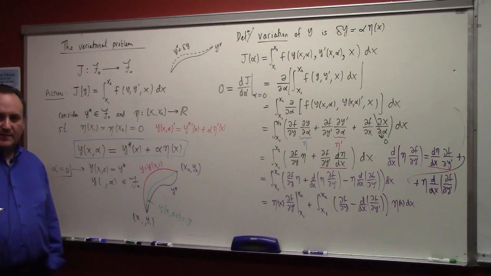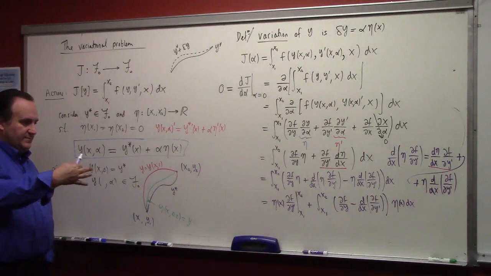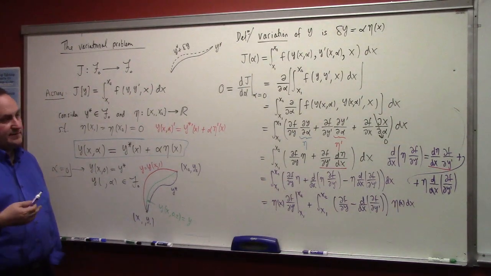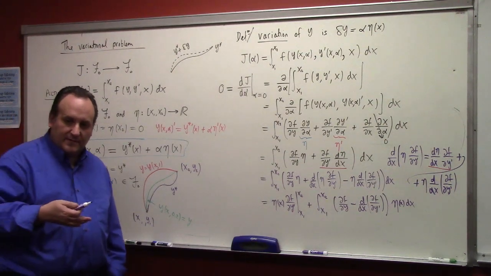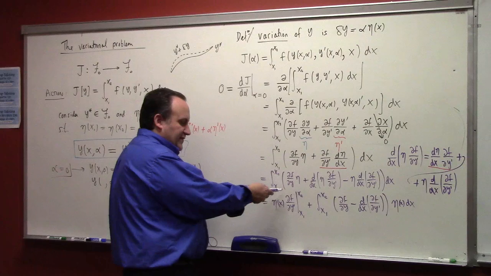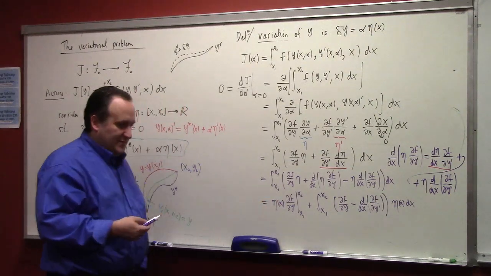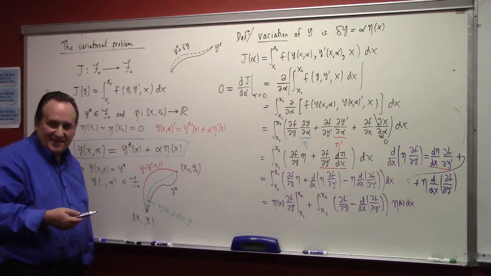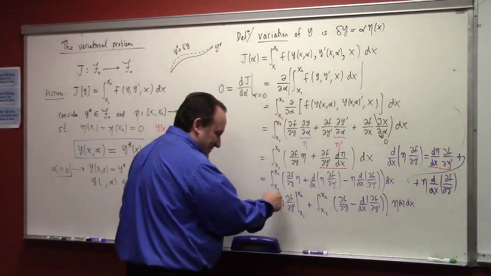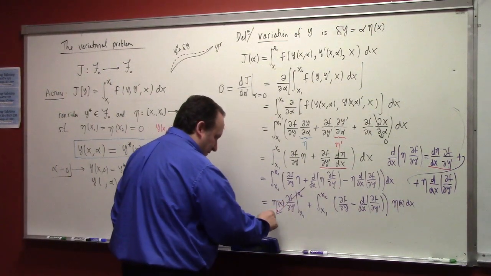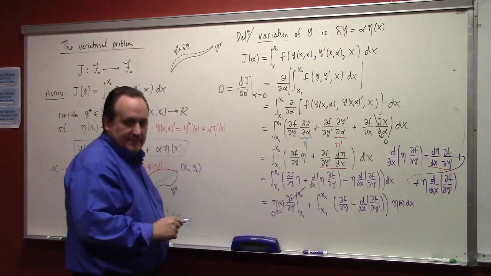But what did we assume about this variation, this eta of x? Remember, we assumed that it's 0 at the endpoints. So provided that partial f partial y prime is not terribly badly behaved, this is 0, so that's just gone.